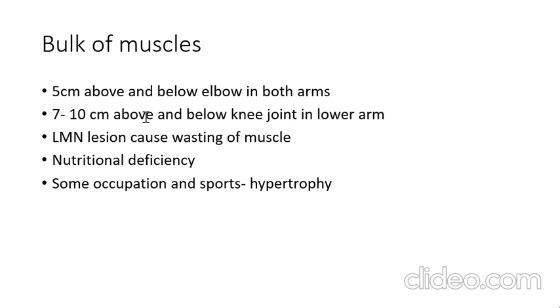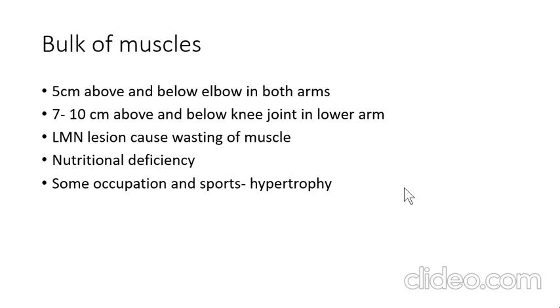So above the knee joint and below the knee joint. But if we are measuring above, then it should be a fixed centimeter. If we are measuring 7 centimeter above the knee joint, on the other leg the same distance should be followed, right? So measuring the circumference.